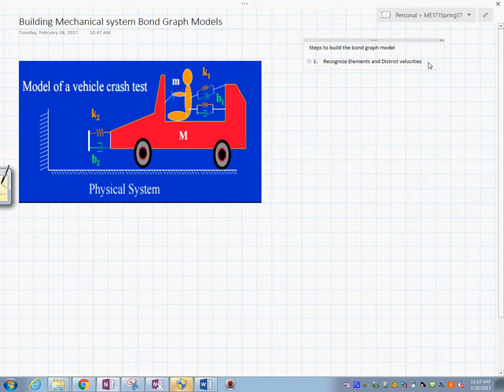Now we're going to use a 1 junction for each distinct velocity.